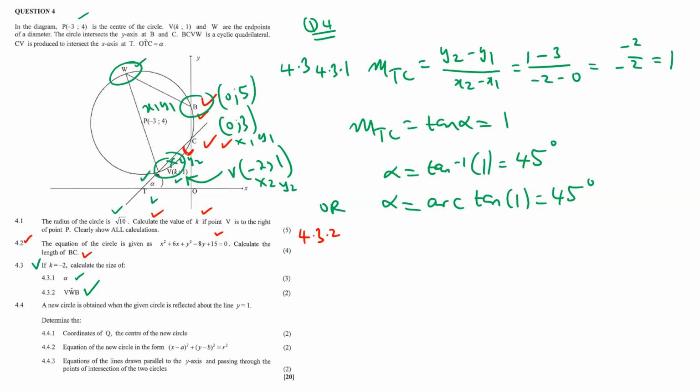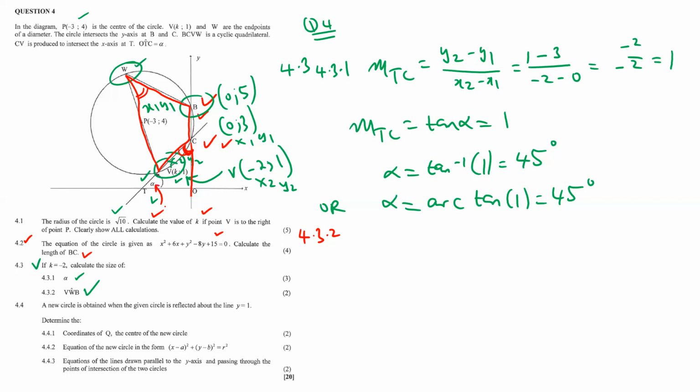Right, so it's an exterior angle of the cyclic quad, because it's a cyclic quad here. It has an exterior angle here. So the exterior angle of the cyclic quad equals the interior opposite angle.